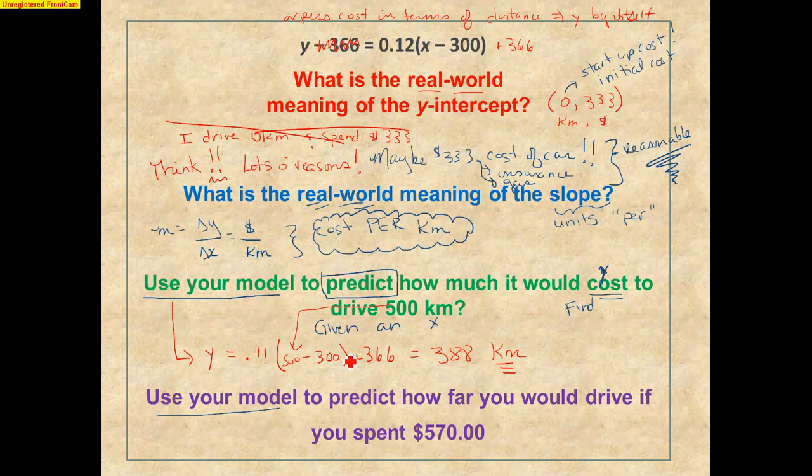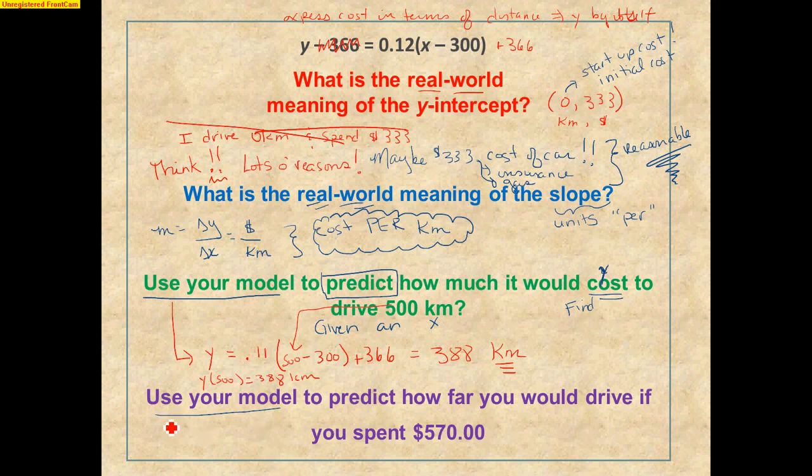So you say, if I don't see you plugging in, here's another shortcut way you can do this: Y of 500 equals 388. Now let's move on.